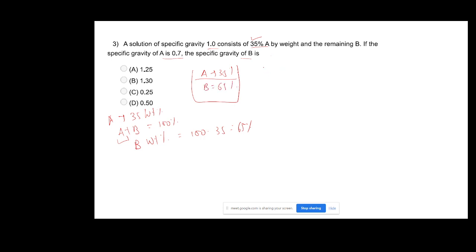Now, to solve this question, we will take a basis. Since the fraction is in terms of weight, we take the basis in terms of weight.